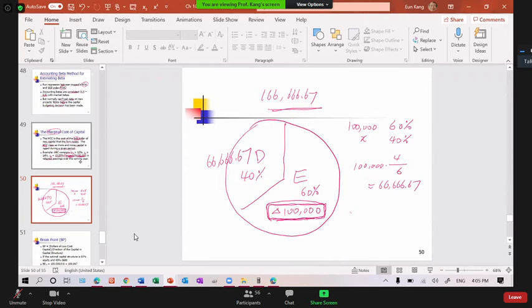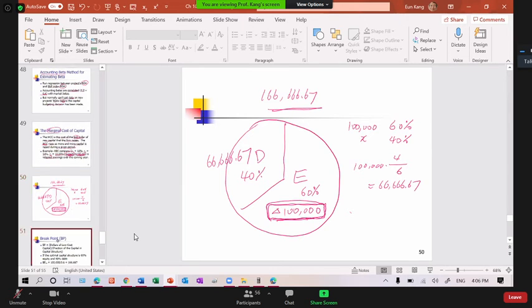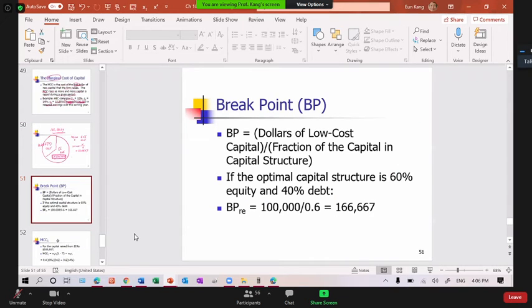That is just the assumption behind this analysis. Given this, it's now easier for you to understand the breakpoint concept. Breakpoint is dollars of low cost capital divided by the fraction of capital in each capital structure.